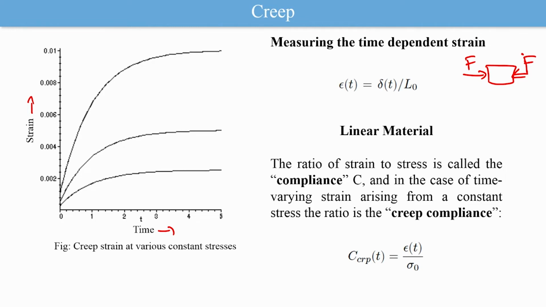Okay, and this is known as creep of the material, or basically the time dependent strain, or rate dependent strain, of the material. Hence the strain epsilon can be represented as a function of time, and this delta here is the tissue displacement, since displacement also changes with time, and this is the initial length L0.